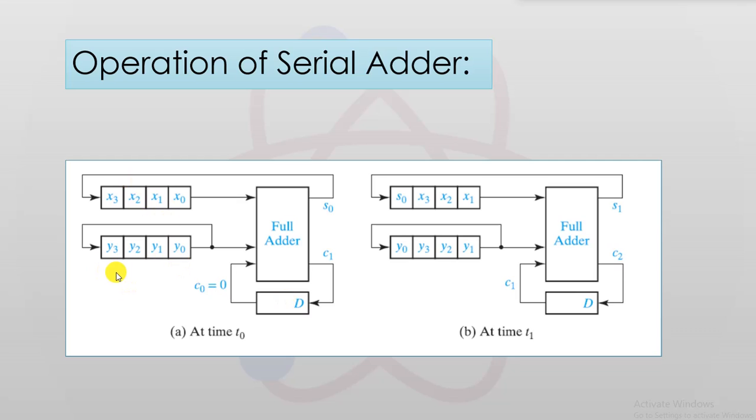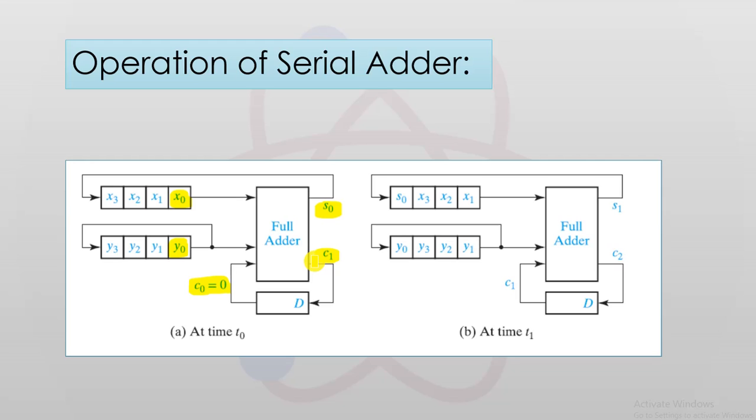So initially at time t0, the accumulator will contain X and the add-in register will contain Y. Because the full adder is a combinational circuit, X0, Y0 and C0, which was initially considered to be equal to 0, will be added independently of the clock to form a sum S0 and the carry C1.